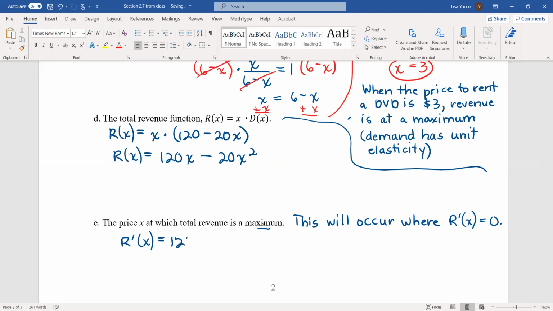For 120x, the derivative is 120. And for minus 20x squared, I'll multiply by 2, minus 40, subtract 1 from the power, leaves me x. So there's my derivative, and I'll set that equal to 0.